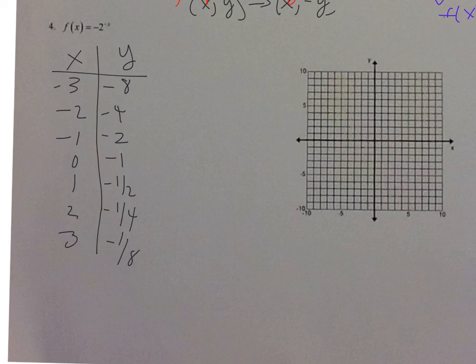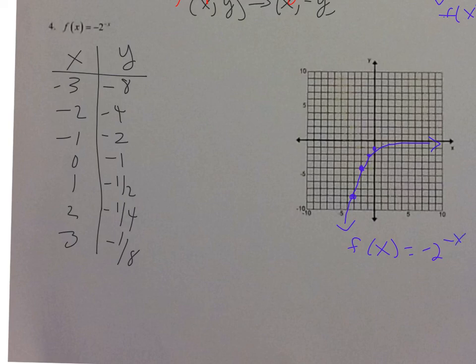So I have -3, -8. Okay, so that is f of x equals -2 to the -x power.